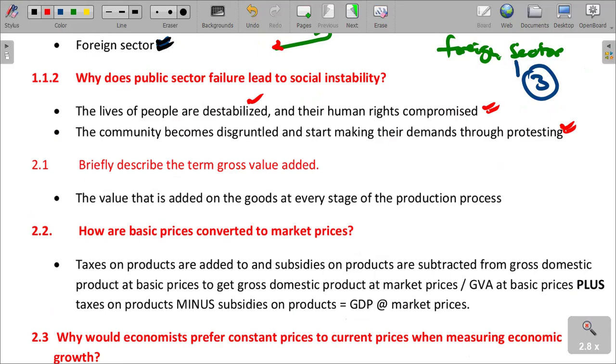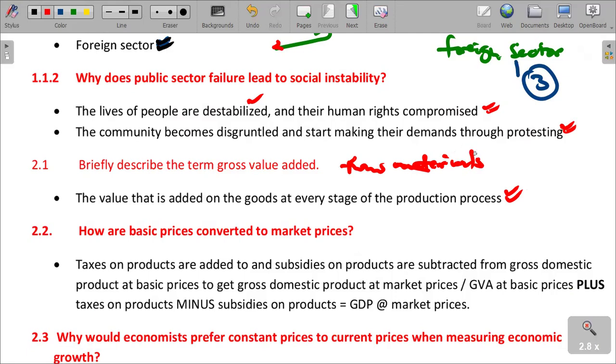And then briefly describe the term gross value added. This is the value added on goods at every stage of the production process. Value addition, we look at in the production process, in terms of manufacturing or the distribution chain. We have our goods and our raw materials, which are taken from our natural resources, for instance.